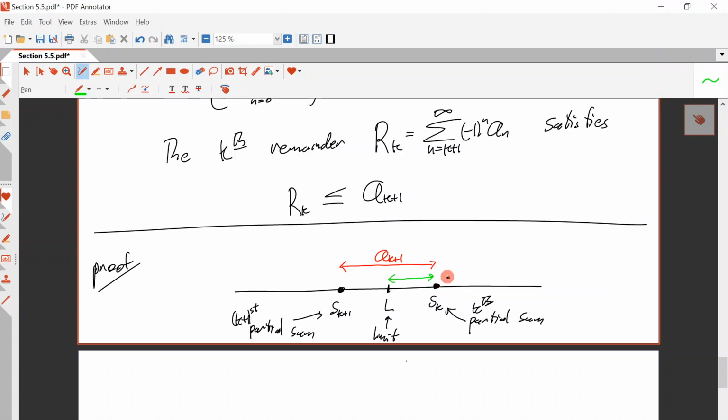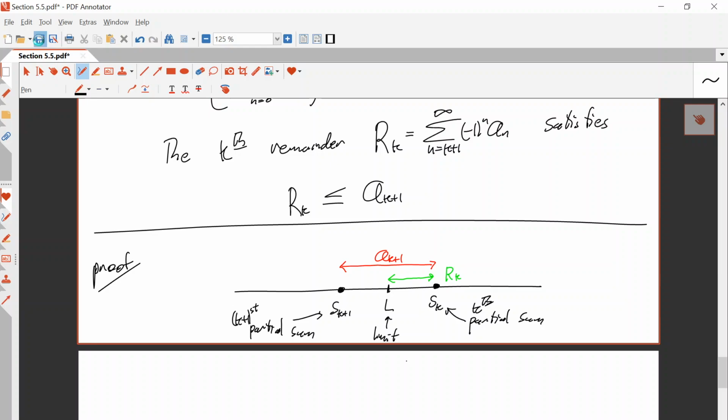The kth remainder is the difference between the partial sum and the full sum. And because these partial sums are flip-flopping back and forth like that, the remainder is always less than the next term. Pretty cool.